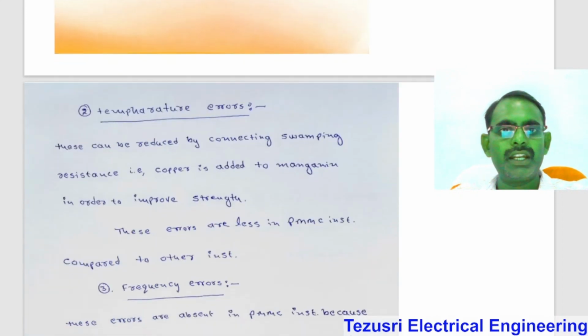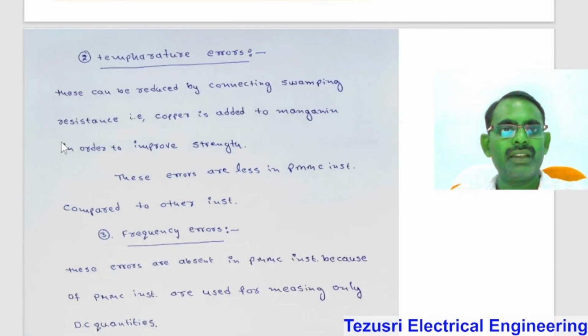Next, temperature errors. The temperature errors can be reduced by connecting a swamping resistance. That means copper is added to the manganin in order to improve the strength, and the temperature effect is reduced.